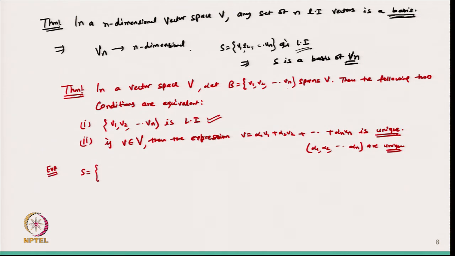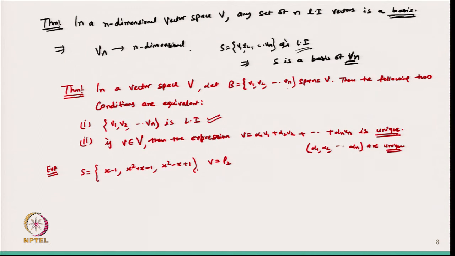Let me take the set S which contains x minus 1, x square plus x minus 1, x square minus x plus 1, and suppose my vector space V is P2.